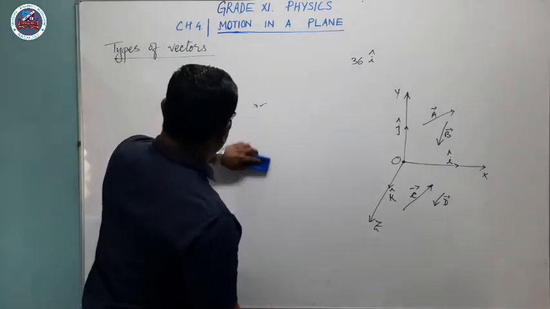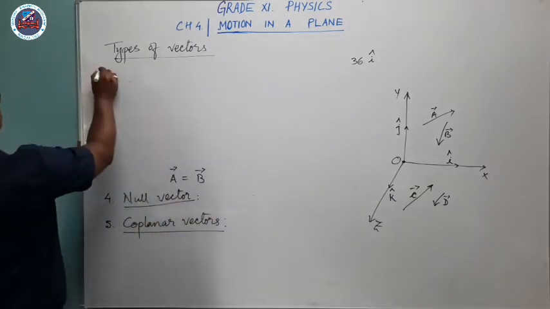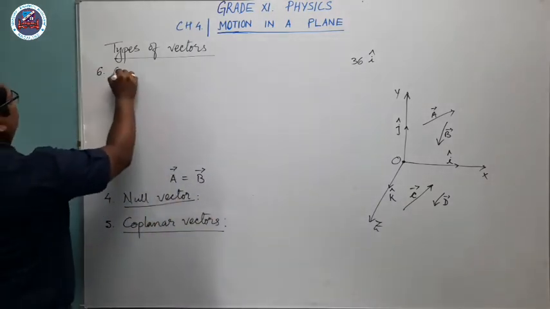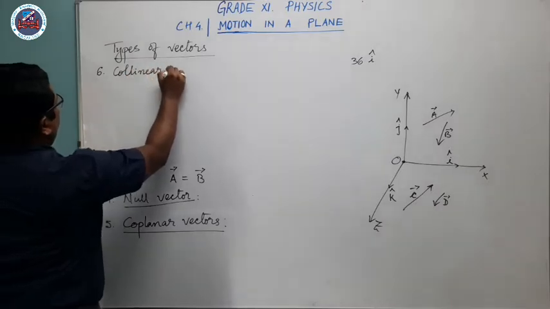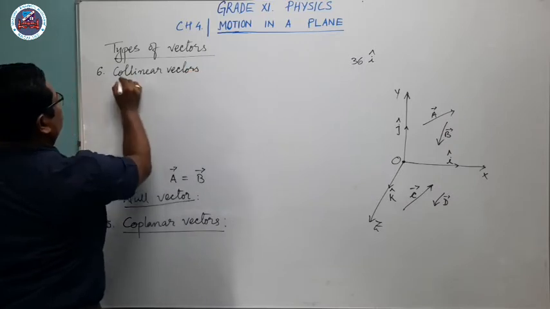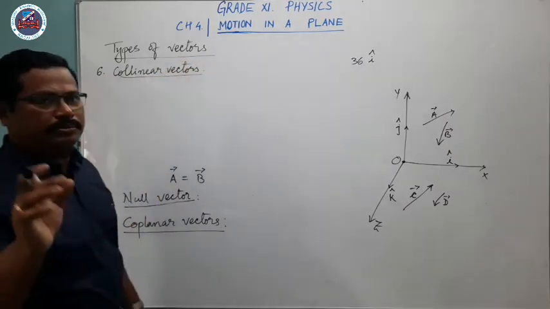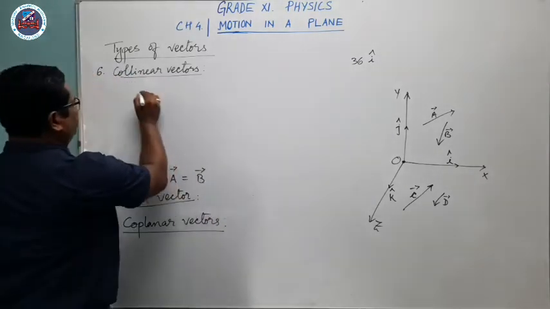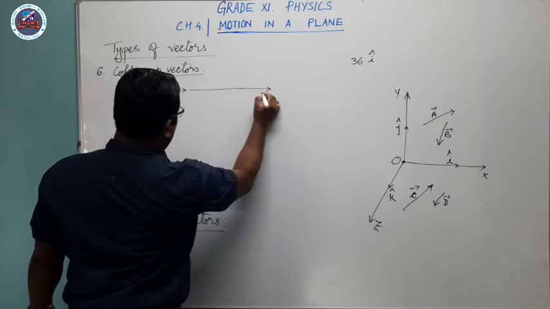Then the next vector we'll learn is about collinear vectors. Two vectors are said to be collinear if they are pointing along the same line, like this.